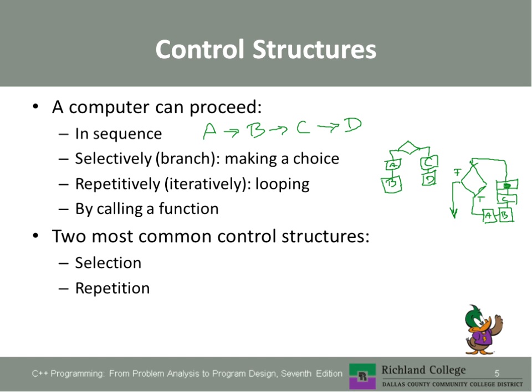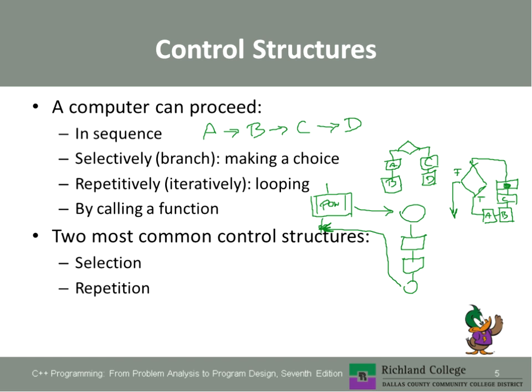Or we can proceed with the computer code by calling a function. If you're calling a function, that means you have code, and that code is going to call a function, maybe pow, and that is a call to another function, another flowchart that somebody else wrote, that will eventually return the result back to our code.